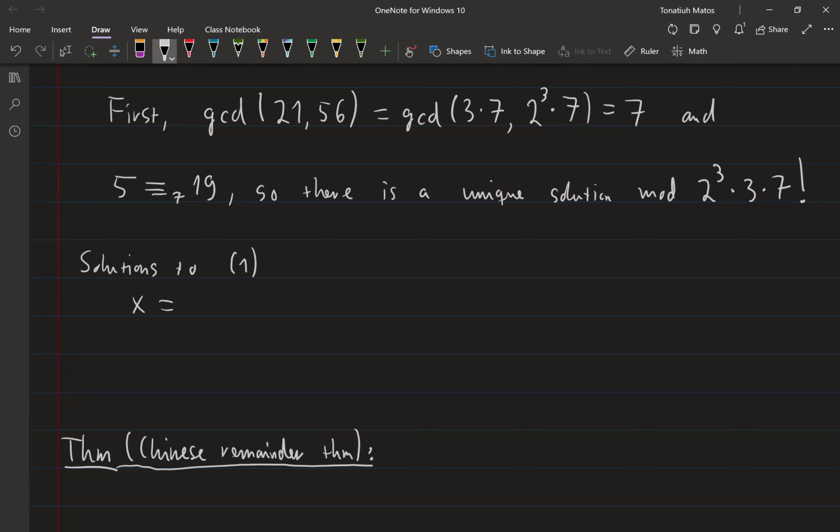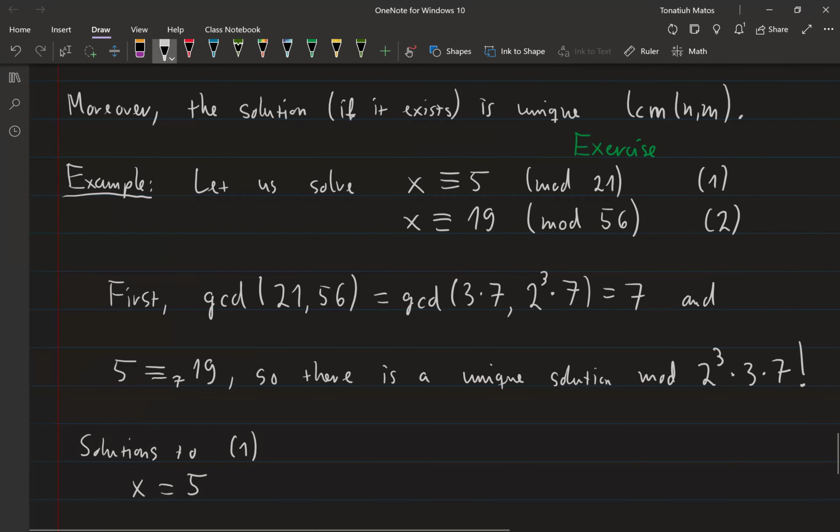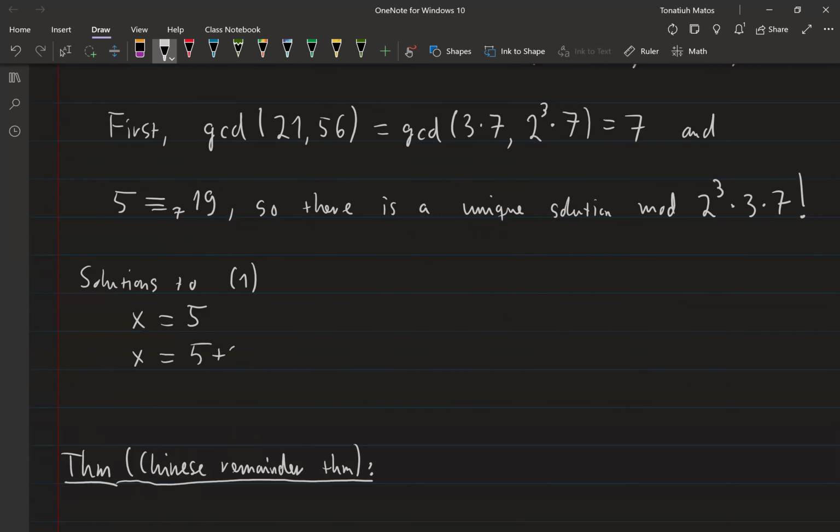What are all solutions to 1? There are infinitely many of them, but they're all numbers that are 5 mod 21. The next one is 5 plus 21, so this is 26. If I continue doing this, I get 47, if I'm not mistaken.